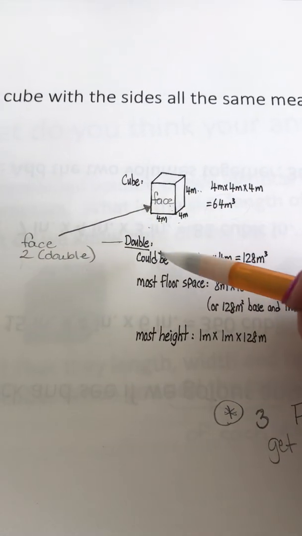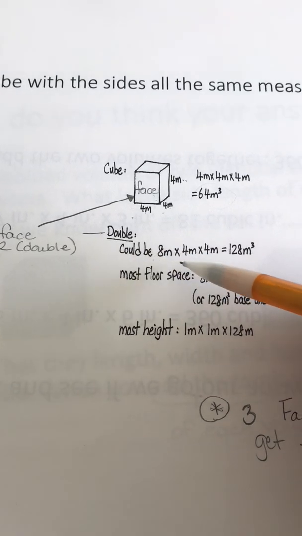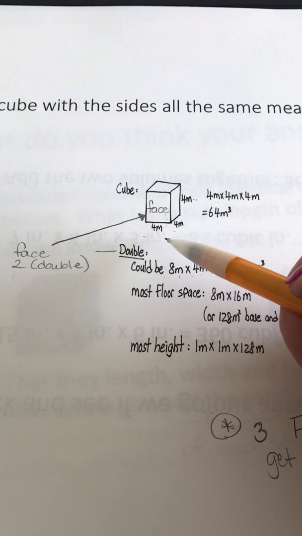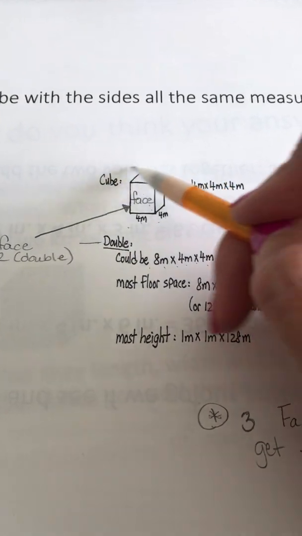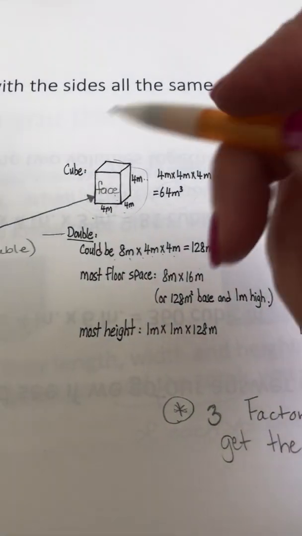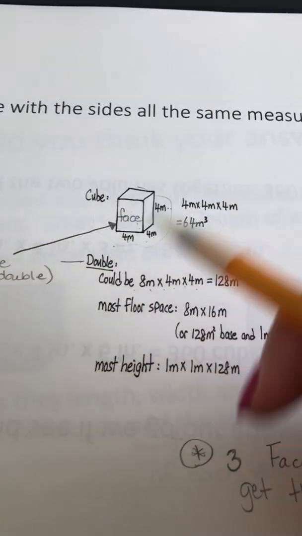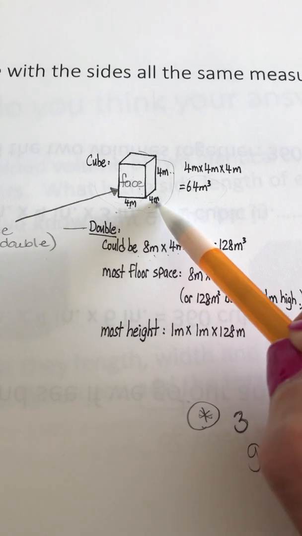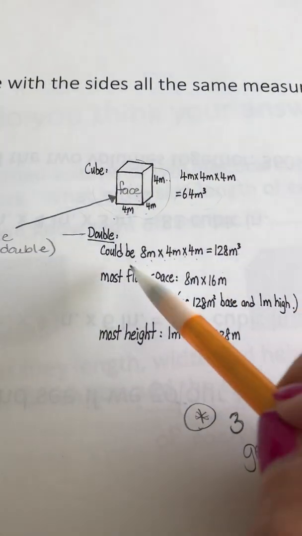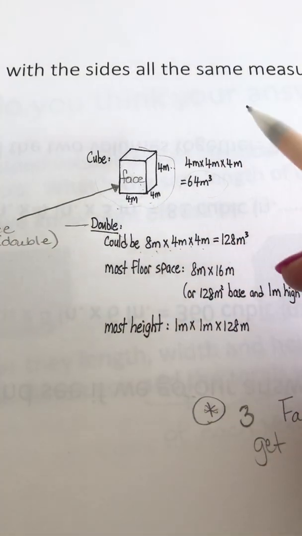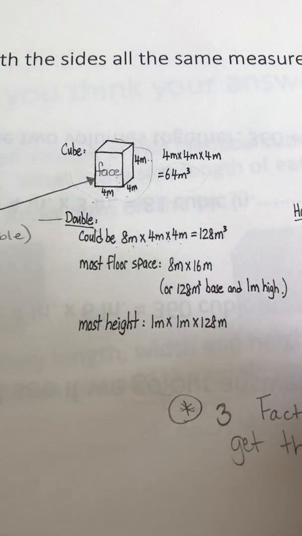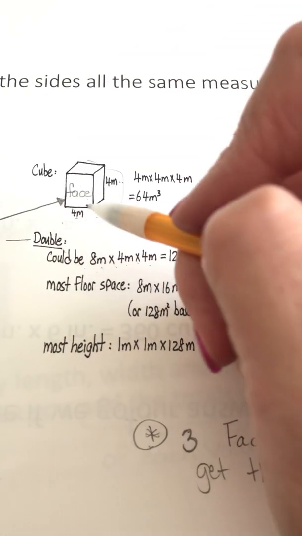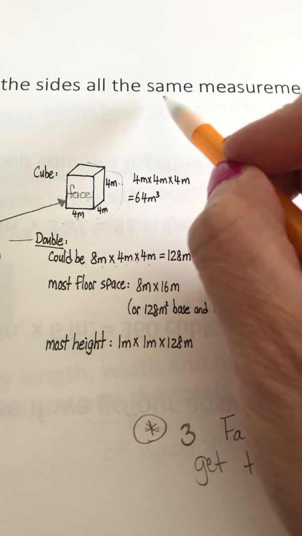When they say double could be 8 times 4 times 4, that means if we doubled the face, if we made another one of these and had another box next to it, I could have said 2 of these and then multiply your width and your height. That's why they're saying double it. Double the face.